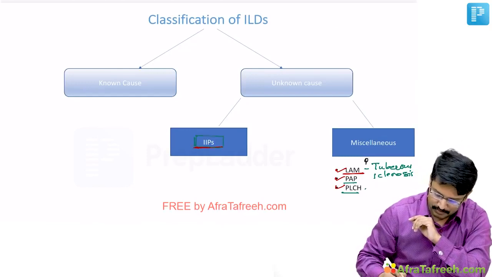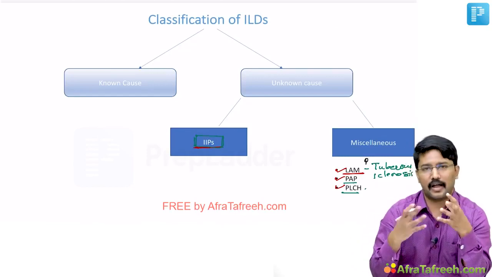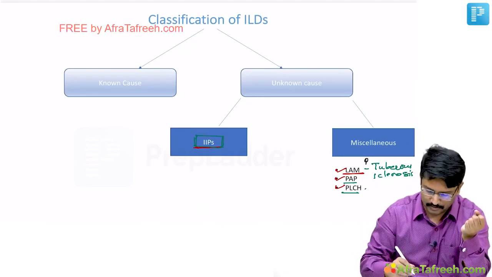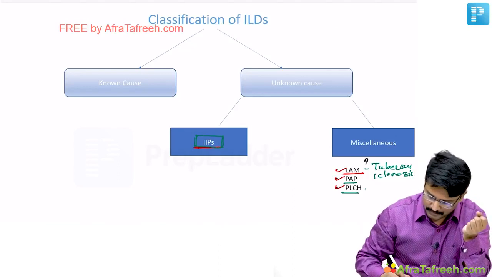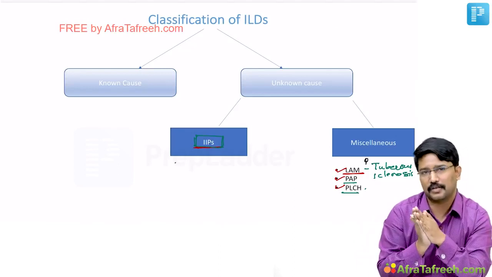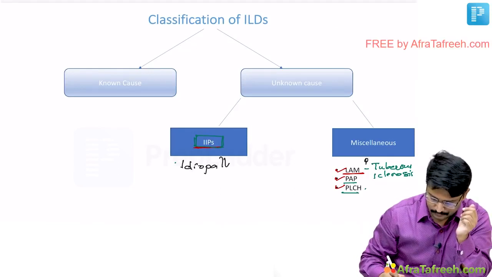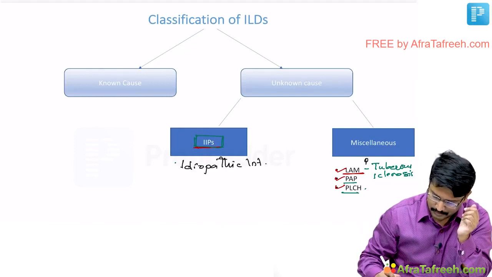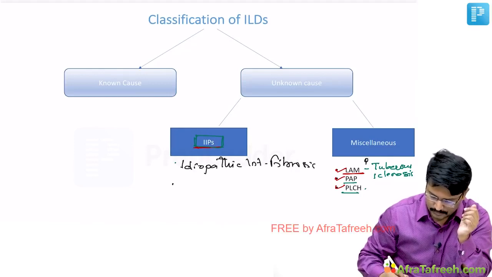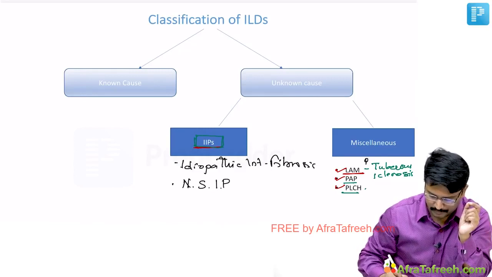And the broad classification of idiopathic interstitial pneumonias takes into account the clinical and histological grouping, and under this heading we have numerous entities. To start with, the most commonly encountered type of interstitial lung disease, that is idiopathic pulmonary fibrosis, IPF. The second, non-specific interstitial pneumonia or NSIP.